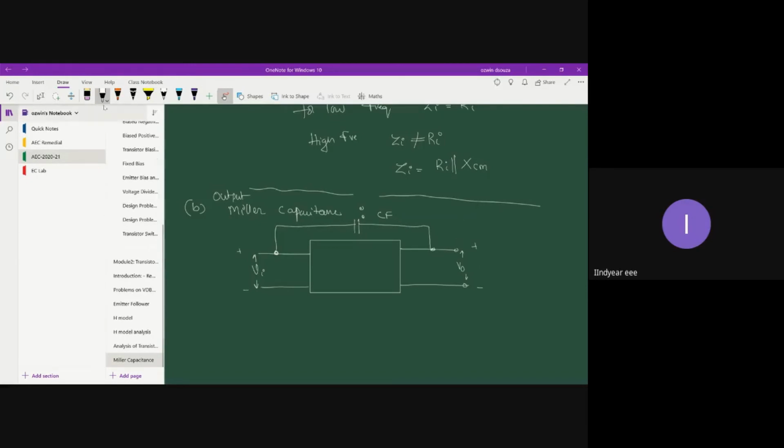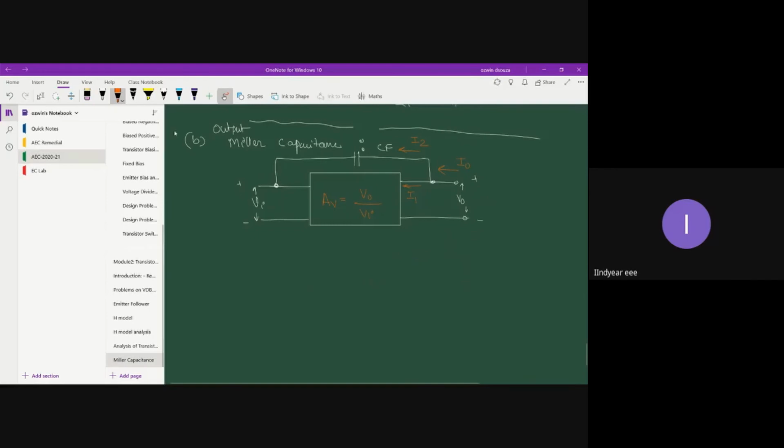Over here, we are carrying out the analysis from the output node. So let's take this as I0. This I0 will divide into two parts, one from the upper part and one from the straight part. This part we'll take as I1, and the top portion of current we shall take as I2. The gain of the transistor is still the same, that is AV is equal to V0 by Vi.